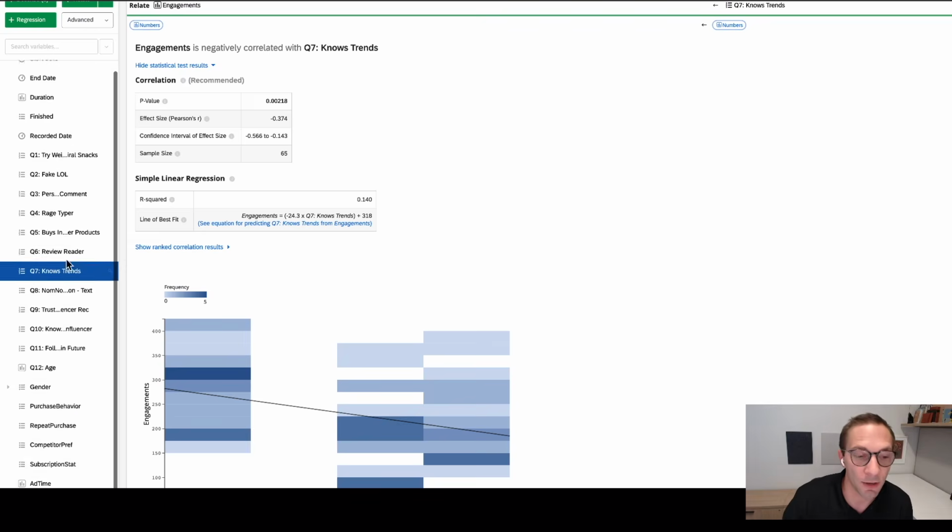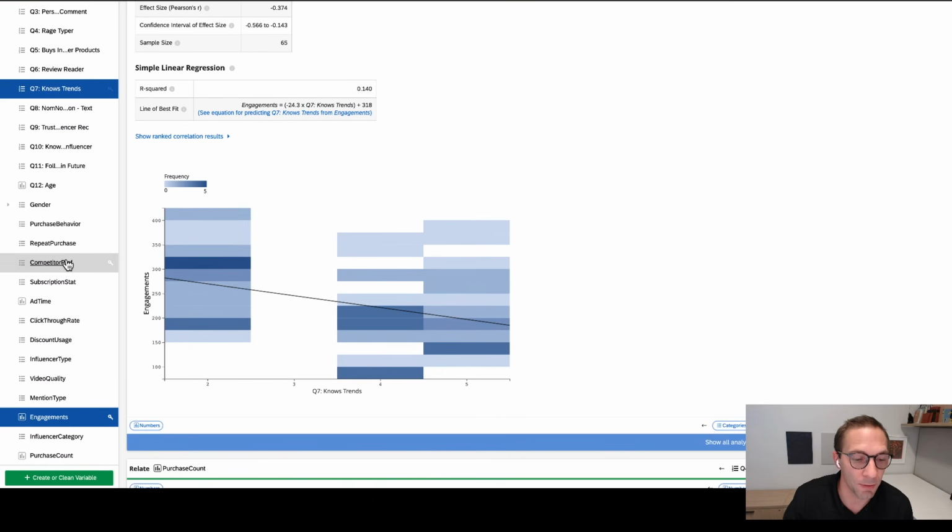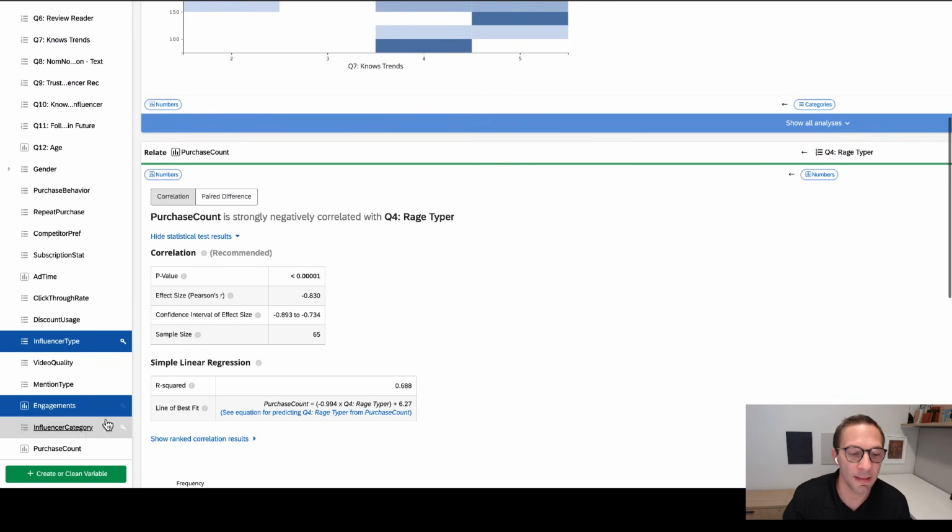So let's start out with something simple, something with just 2 categories. So I'm going to say, let's see if the number of engagements that a customer has with social media can predict the type of influencer that they're interacting with. Let's say that it's a macro or a micro influencer, okay? Macros are like big time influencers.